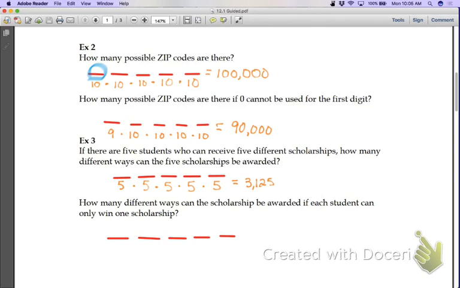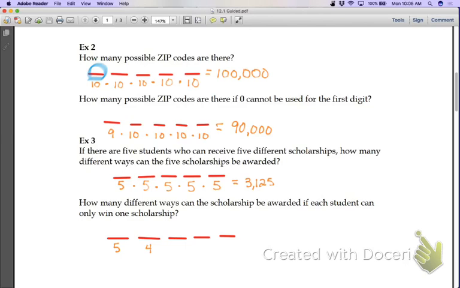First person up, how many options do they have? They have 5 options. What about the second person, though? 4. Why is it not 5 again? Because one of them is already accounted for, so there are only 4 options now.